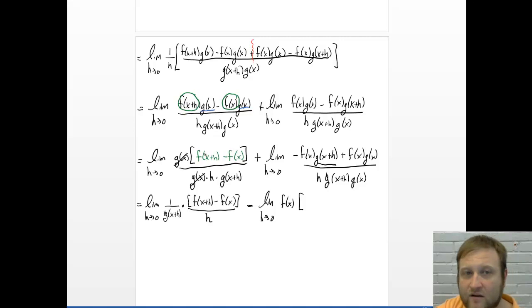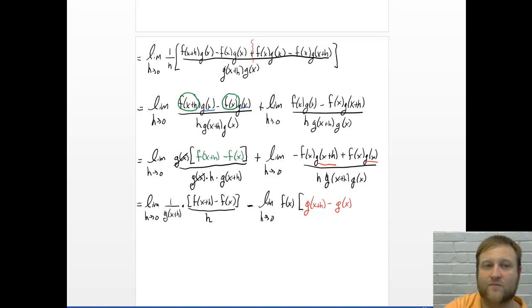I will have g of x plus h. And I pulled out the f of x here, and we'll still have now a negative turns to a positive, positive turns to a negative. So I'm going to have minus g of x. And that g of x comes from there.